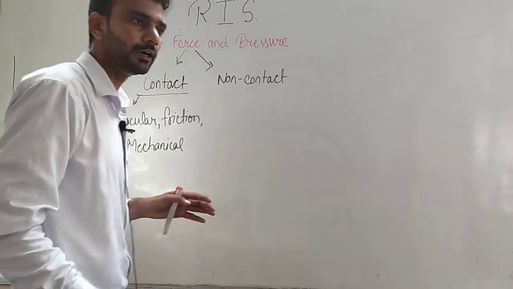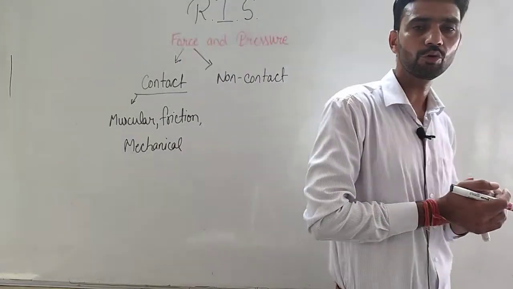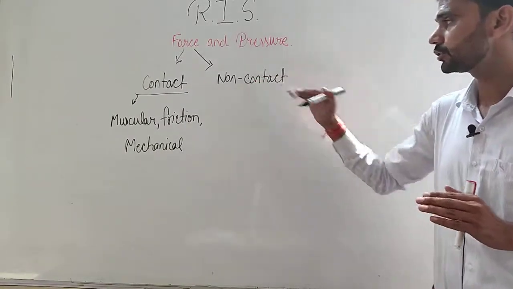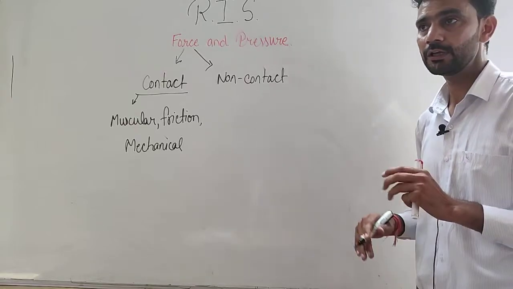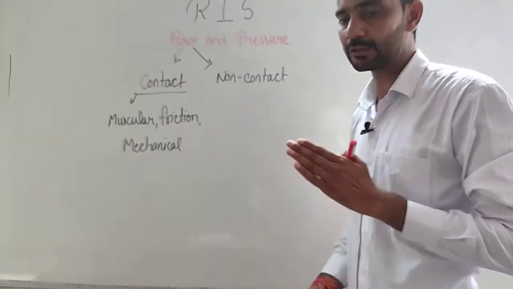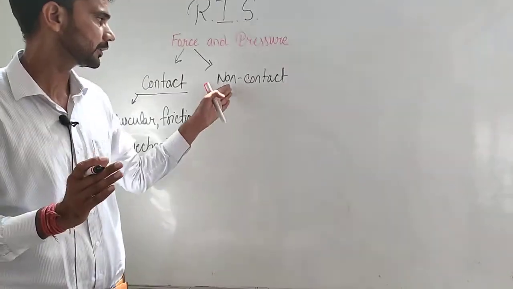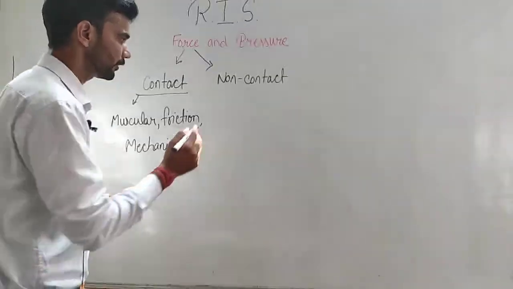Non-contact force: when the force is acting between 2 objects and the objects are not in contact with each other, then the force is known as non-contact force. It means if the objects are in contact, then the force is known as contact force, and if the objects are not in contact with each other, then the force is known as non-contact force.